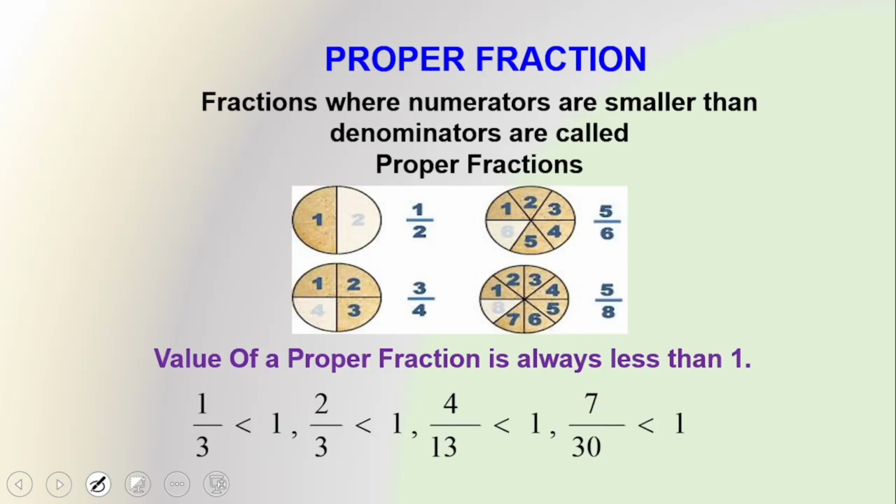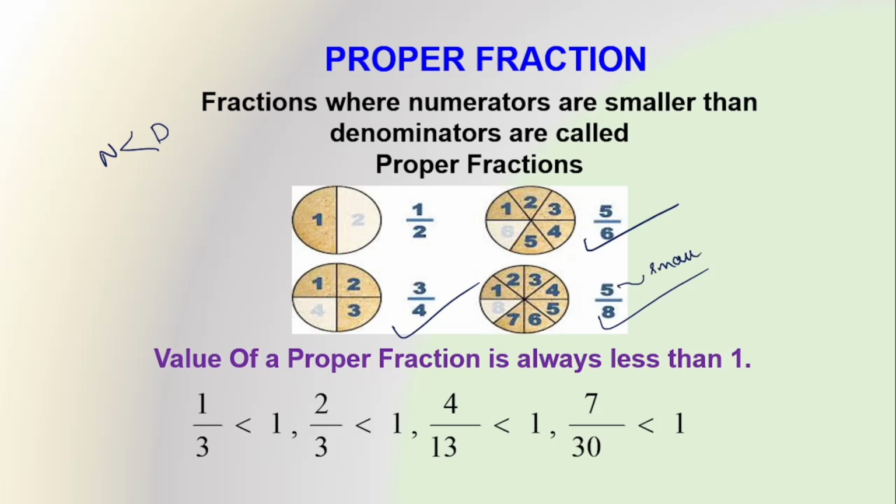Okay. Now proper fractions. Fractions where the numerator is smaller than the denominator are called proper fractions. For example, 1 by 2, 5 by 6, 3 by 4 and 5 by 8. It means the numerator is always smaller.